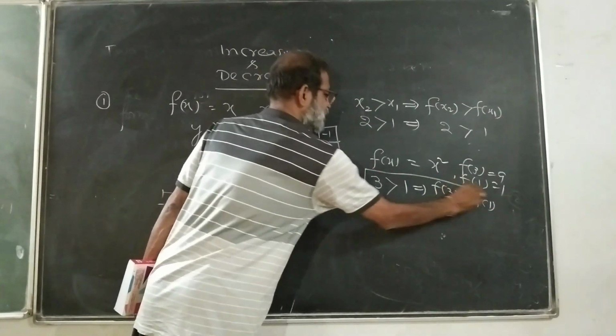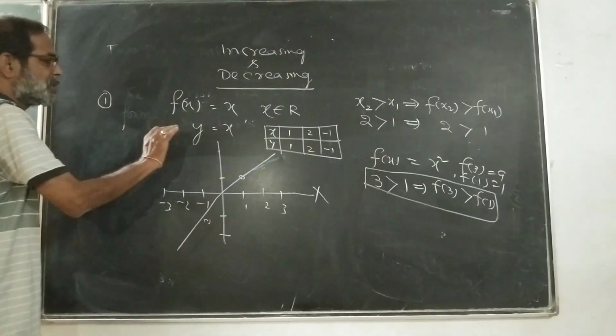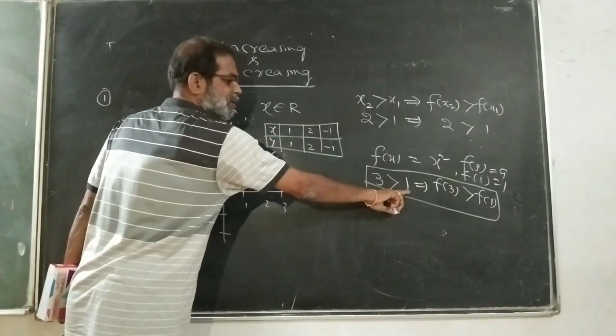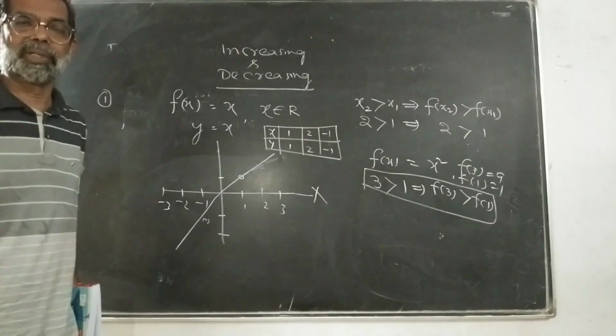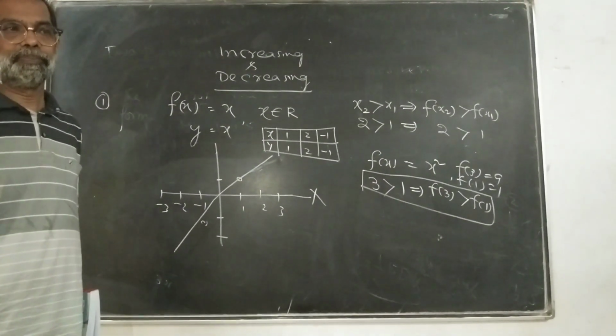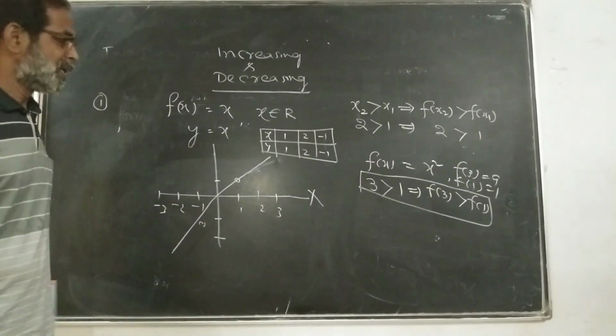So like this, for any function, if you take two numbers and one number is greater than the other, and the function value is also greater, then that is called an increasing function, strictly increasing function. This is the definition.